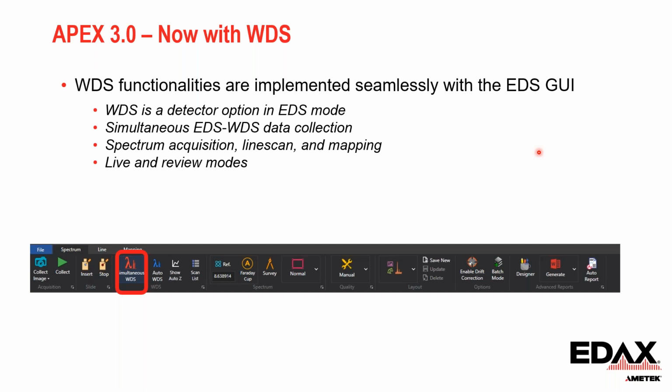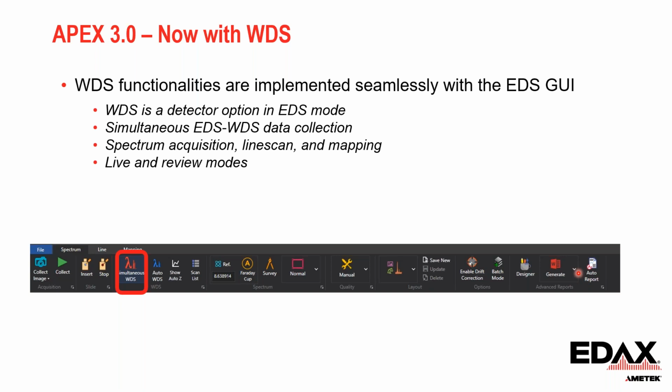Now I'm going to highlight some of the WDS features in Apex 3.0. The WDS functionalities are implemented seamlessly with the EDS GUI. Our philosophy is WDS is a detector option in EDS mode, so we enabled this simultaneous WDS button on the ribbon bar of the EDS data collection GUI.